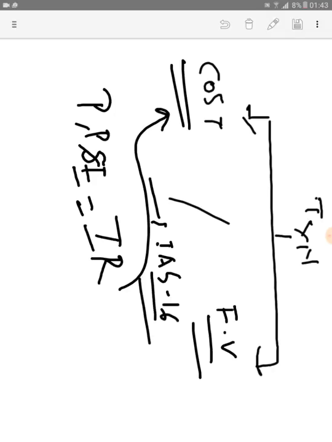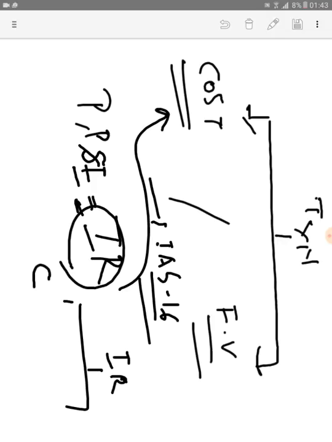I'll deal with that now. So the initial recognition should always be at cost. After initial recognition, they have two options left: either they can go for cost or they can go for fair value. Fair value means your revaluation model. This is called subsequent recognition.